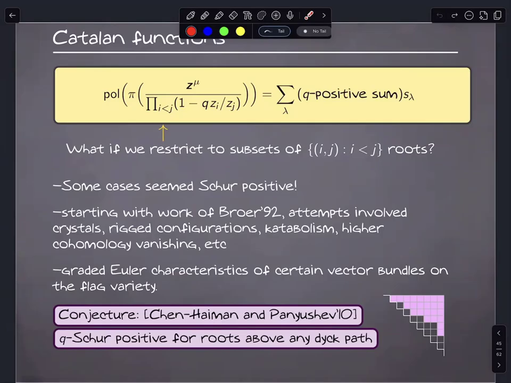So if you take this expression up here, and this is roots underneath a Dyck path, the conjecture was that it was Q Schur positive. It included the case that had been studied by Lusztig, which were the Kostka-Foulkes polynomials or whatever. But it was kind of complicated.